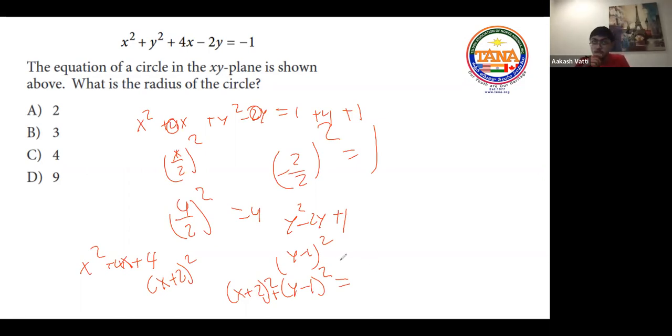Or no, it's 4, because this is actually 1 plus 4 minus 1. It's 4. And when you square root 4, because you want the radius, the square root of 4 is 2. The answer is A. Any questions?